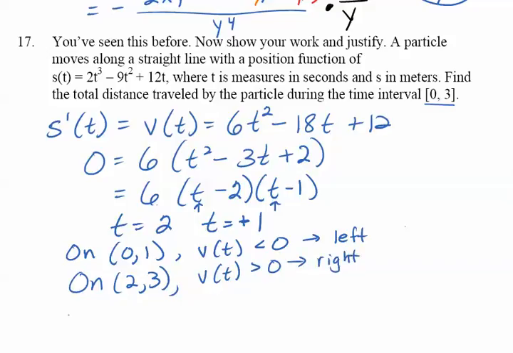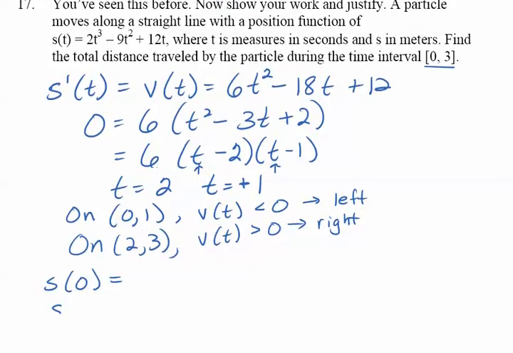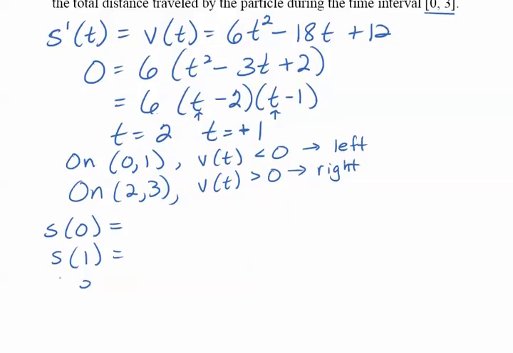So now we just have to track where it is at its endpoints and at its critical numbers. So we found its position at time 0, at time 1, and at time 3. Oops, 2, critical number, skipping 1. Also at 2, and then at 3.